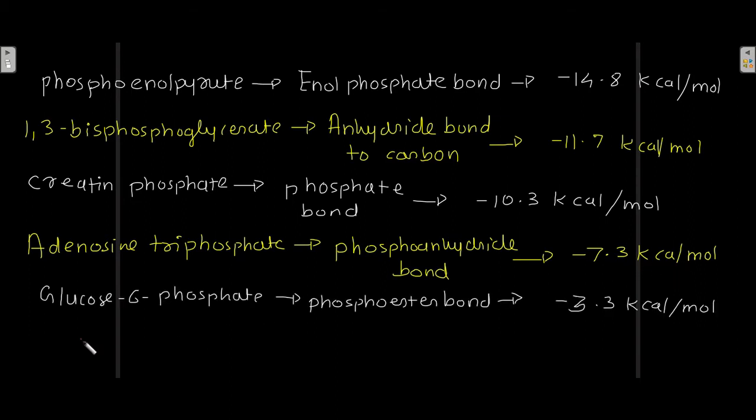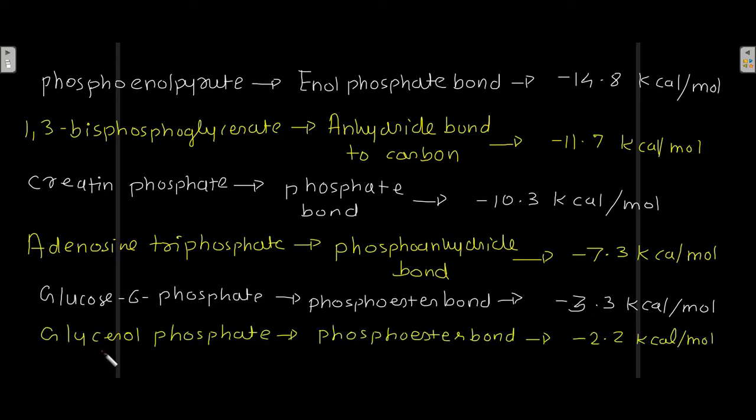Then you have glucose 6-phosphate which has a phosphoester bond, and when that phosphoester bond is broken, 3.3 kilocalorie per mole energy is released. And then you have glycerol phosphate, which has a phosphoester bond, and when you break the phosphoester bond of glycerol phosphate you will get 2.2 kilocalorie per mole standard free energy.